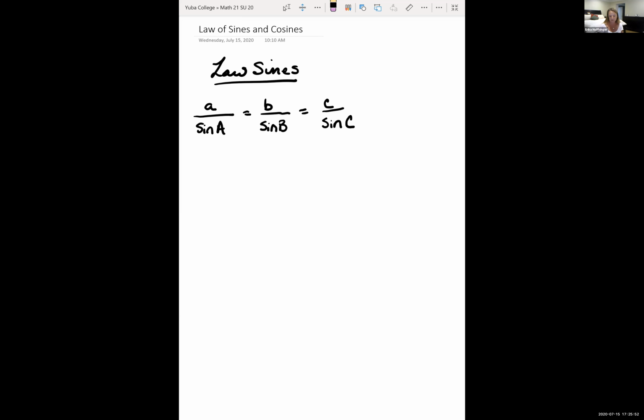If I'm trying to solve for an angle, it's equivalent to look at the reciprocals. The reciprocals are equivalent. So sine A over side A is the same thing as sine B over side B, or sine C over side C.